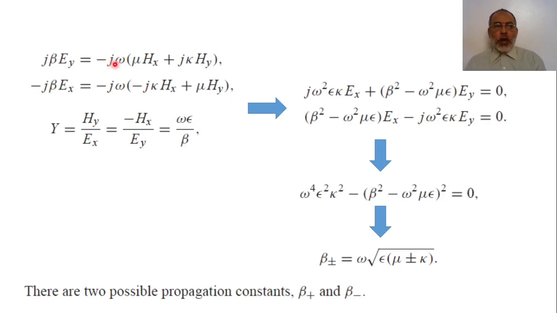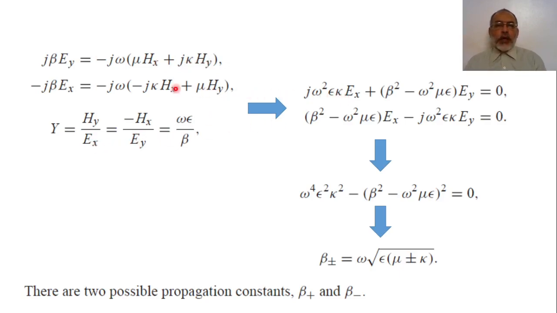So this is minus j omega mu multiplied by omega epsilon multiplied by minus, so it would be plus Ey over beta. And then for this beta in the denominator, we are going to multiply both sides by beta. So this would be beta squared and so on. Effectively, this equation is this equation with Hx and Hy replaced by their equivalents from Ex and Ey.